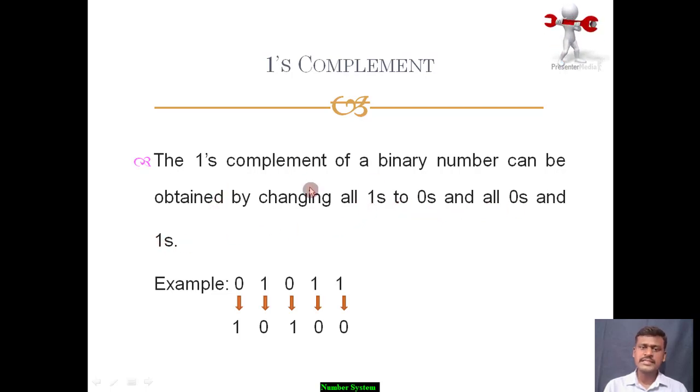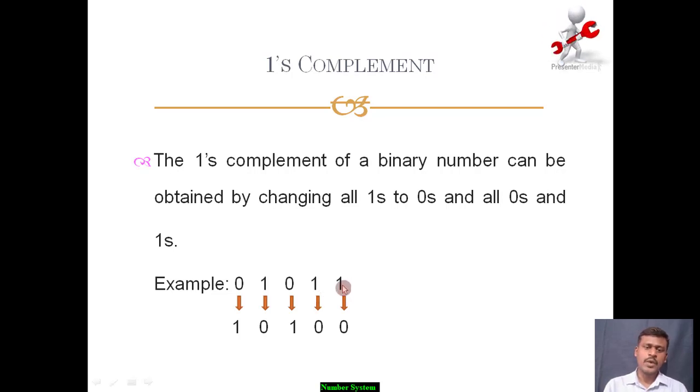So we will see this definition using one example. We have taken the bits of a binary number, that is 0 1 0 1 1. To make this a ones complement number, we convert ones to zeros and zeros to ones.